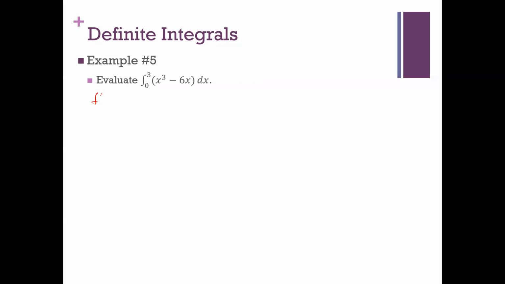All right. So if we know our function is x cubed minus 6x, what is the antiderivative? One fourth x to the fourth, minus 3x squared plus c. So then I can do this.